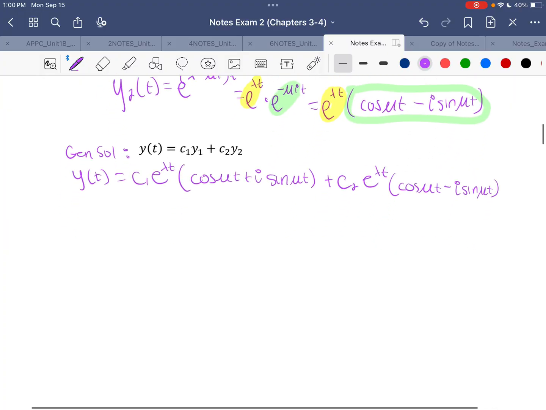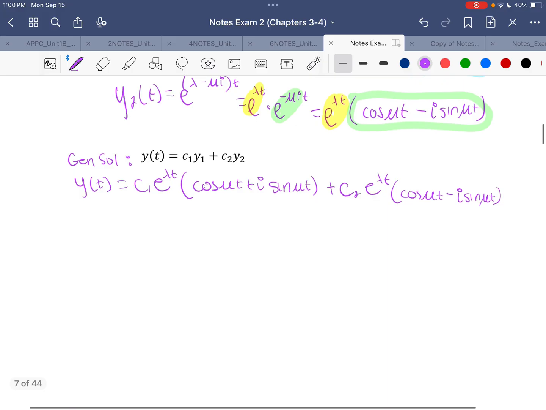And then how do we simplify this? Because we're going to get something a lot easier to deal with.